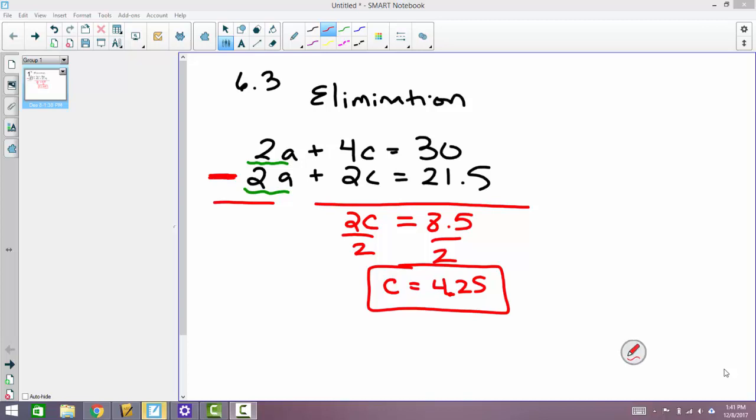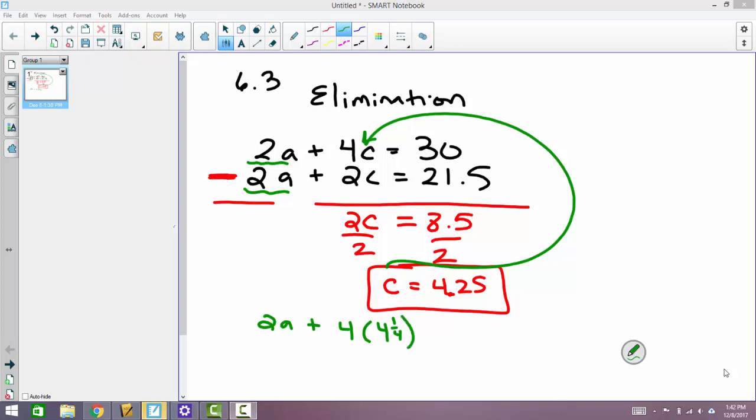Now we're going to plug that back into either of the original, whichever one you prefer. I'm thinking if you plug it into the top one, you won't have a decimal, so that might be the easier one. 2A plus 4 times 4 1/4, 4.25 is 4 1/4, equals 30. So 2A plus 17, 4 times 4 is 16, 4 times 1/4 is 1, equals 30.